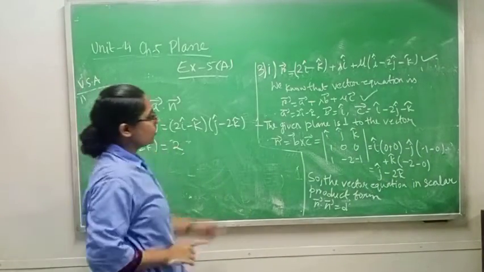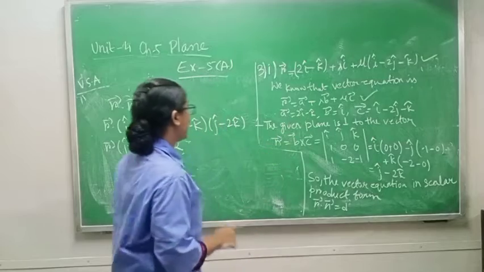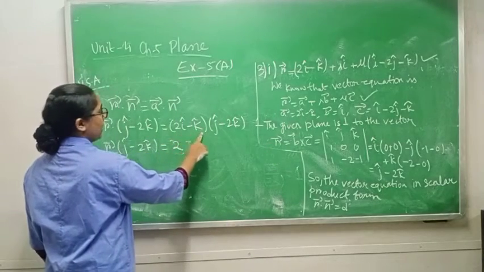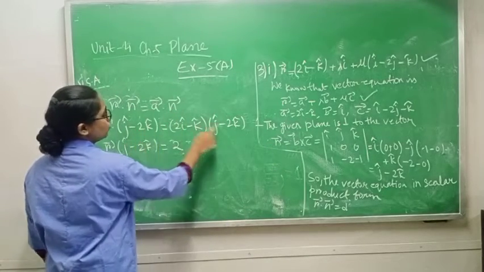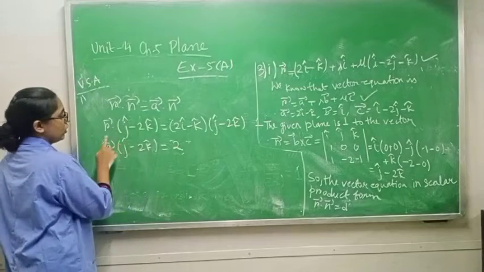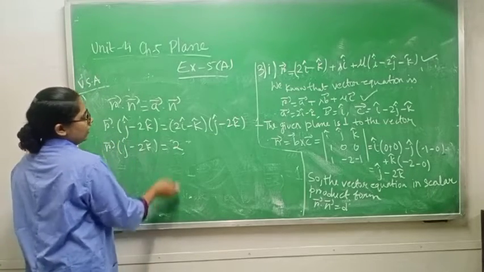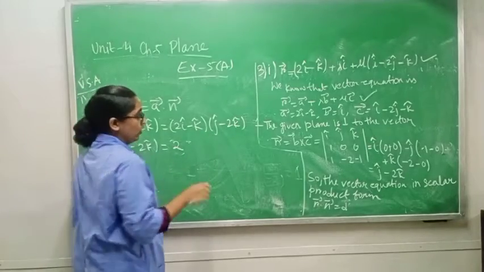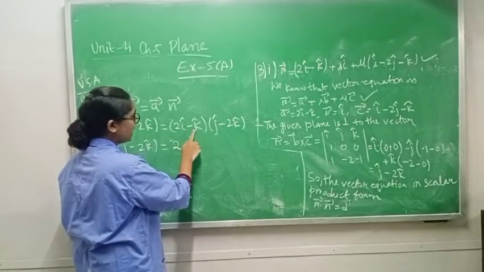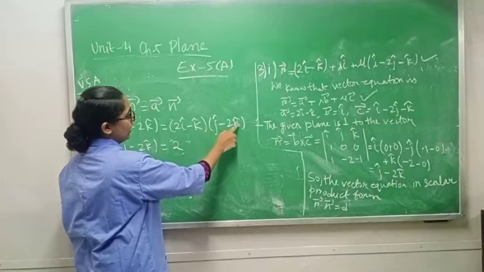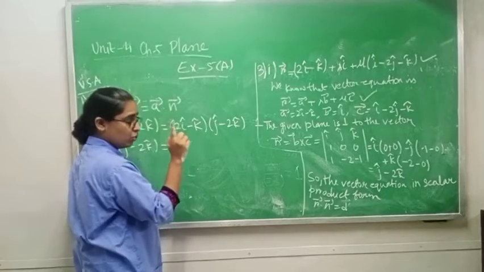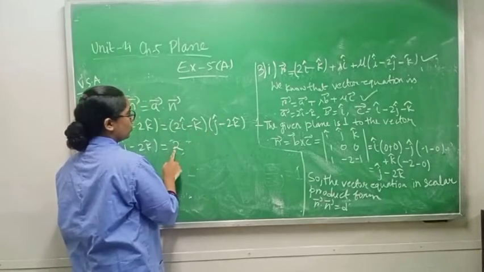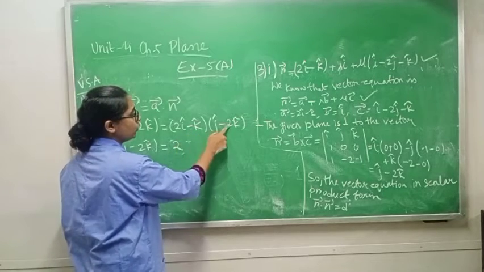A vector is 2i cap minus k cap, and n vector is j cap minus 2 k cap. Now this one would not multiply, it will remain as it is. In 2i there is no i present in n, so the value is 0. Now minus k times minus 2k: k cap into k cap gives 1, minus minus is plus, so you get 2, because 1 into 2 is 2.